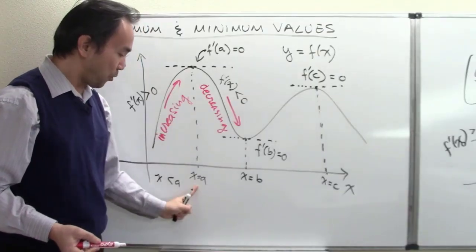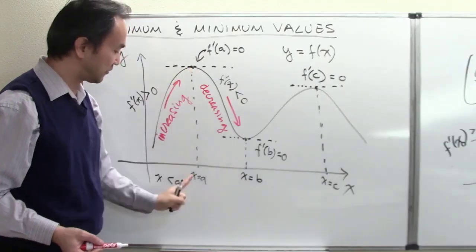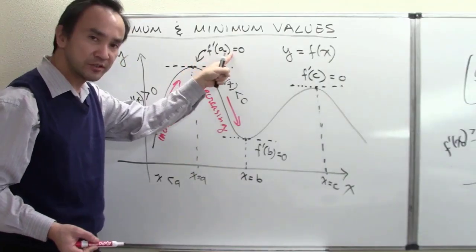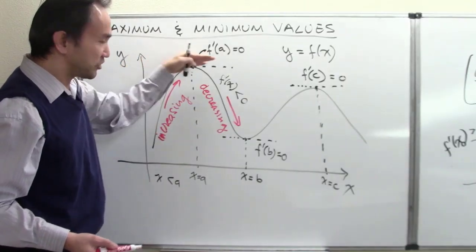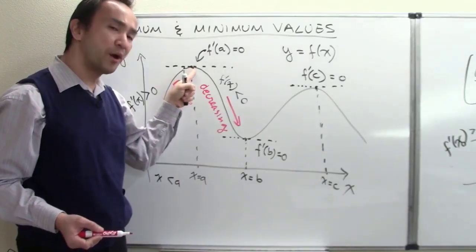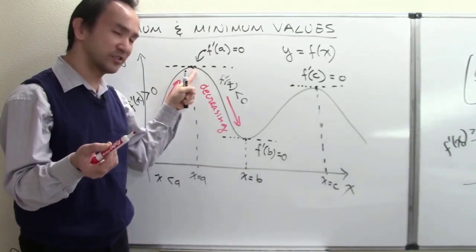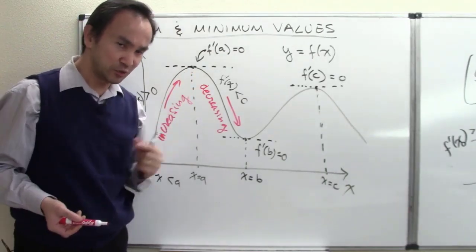Once again, at that specific point, the function is neither increasing nor decreasing, because if we place a tangent line there, it hits a horizontal tangent line with zero slope. At that one instance, the function is neither increasing nor decreasing. That's one thing to keep in mind.